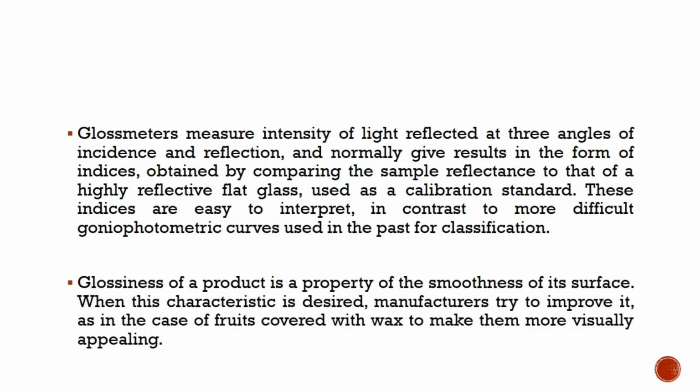Gloss meters measure intensity of light reflected at 3 angles of incidence and reflection, and normally give a result in the form of indices, obtained by comparing the sample reflectance to that of a highly reflective flat glass, used as calibration standard. These indices are easy to interpret, in contrast to more difficult goniophotometric curves used in the past for classification.